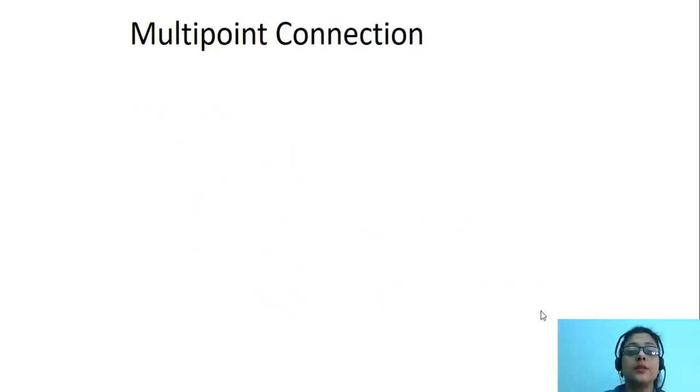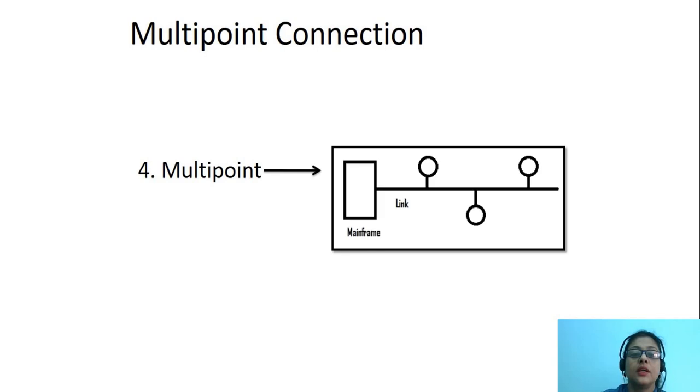Next we go to multi-point connection. Let's look at this diagram here. In the multi-point connection, the diagram shows that we have a mainframe over here, and from the mainframe there is a link to which various nodes are connected.